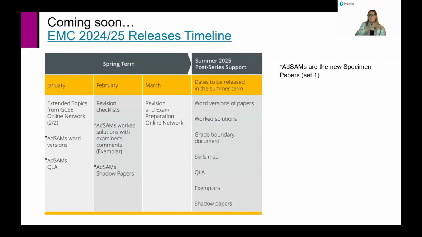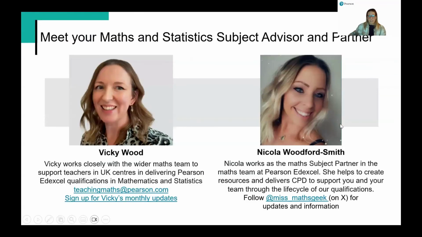So we decided to keep the original sample assessment materials labelled as that, and any other practice papers coming out will be called specimen papers, and we're hoping to have specimen papers set 2 produced next year, to keep you in stock of lots of practice.